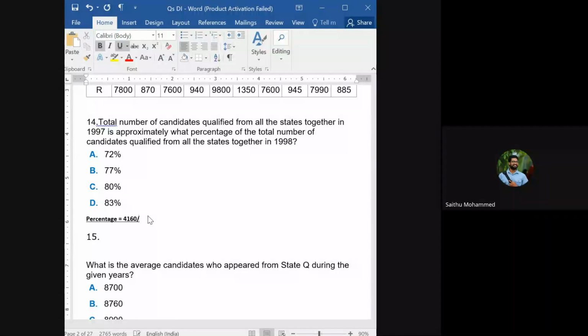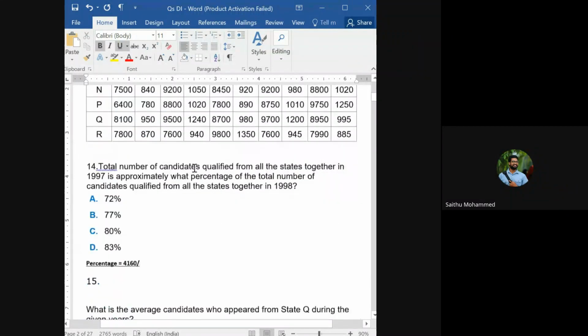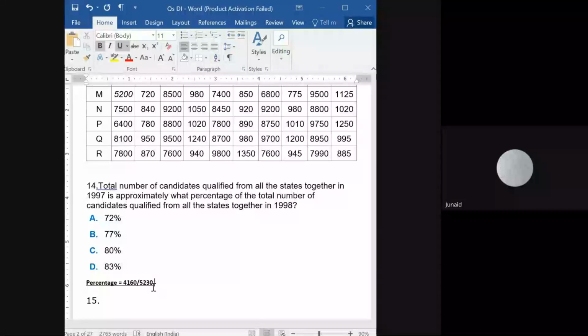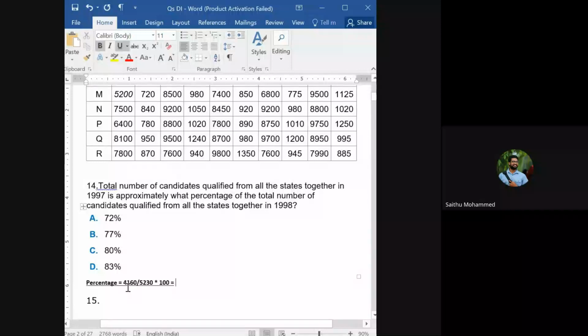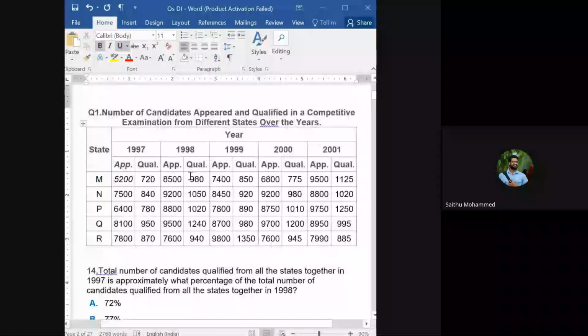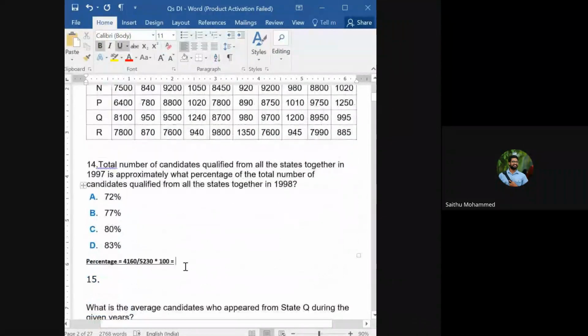zero for 1997, and for 1998 we will be getting... if we do this, 4160 divided by 5230. 4160 is nothing but the adding up of all the qualified candidates, and 5230 is what you get if you add up all the qualified candidates, into 100, which is 80%.